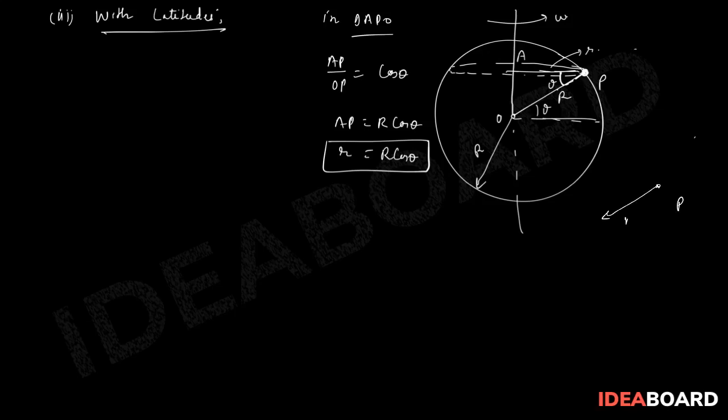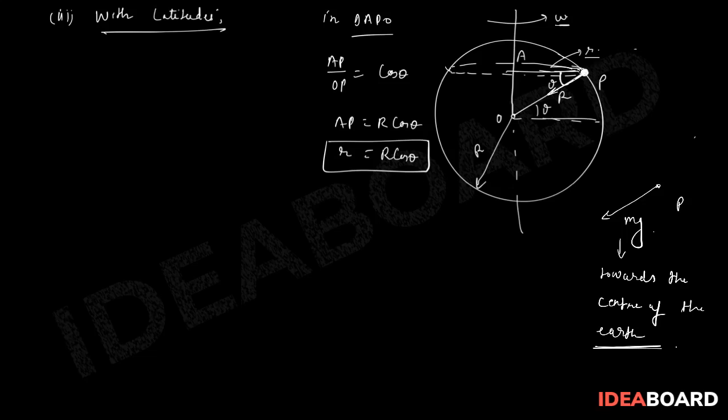Now if you see at point P, there will be a certain mg towards the center of the Earth. So understand, this mg is towards the center of the Earth, which we already know. But the problem is that because of this omega, this P is rotating in this circle which is having radius r.